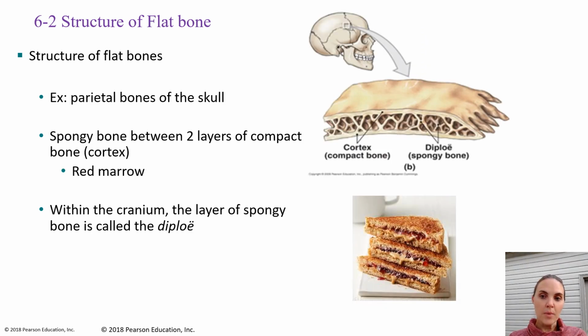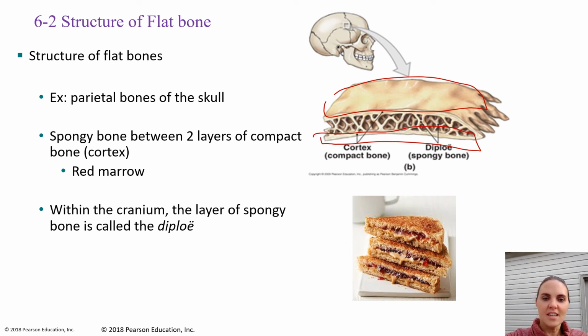So that was long bones. We also have flat bones, and those flat bones, remember we saw these in the skull, the ribs, and the sternum, and they have a little bit of a different structure. They're basically like a sandwich of spongy bone, where the bread is our compact bone here on either side, and that's referred to as the cortex.